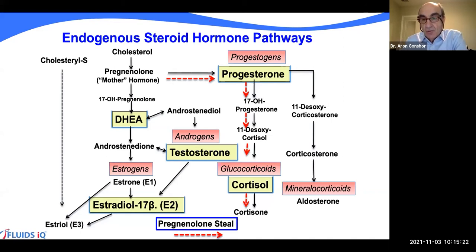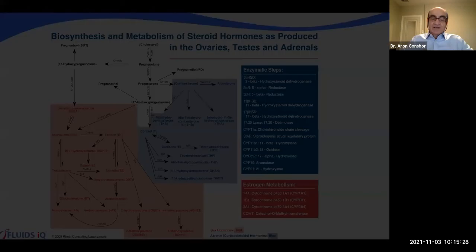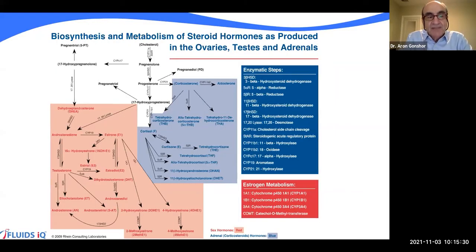But if you say, oh, okay, I know these pathways, well, there's a much more complex series of pathways, and that is looking at what happens when these steroid hormones are metabolized. And they're metabolized in many different places.